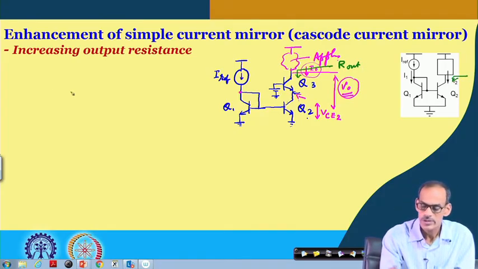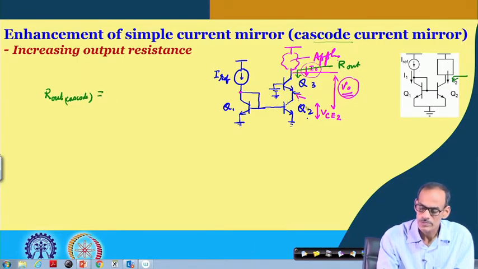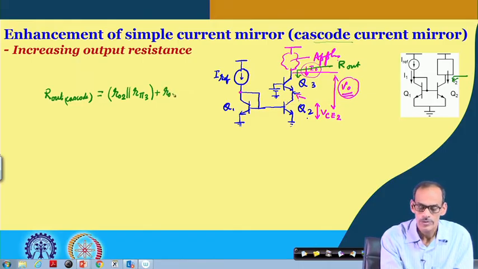In fact, if I consider this structure, which is referred to as the cascode current mirror, the output resistance of the cascode circuit is equal to R O of transistor 2 in parallel with R pi 3, and then we have R O of transistor 3, plus G M 3, R O 3, then R O 2 in parallel with R pi 3.